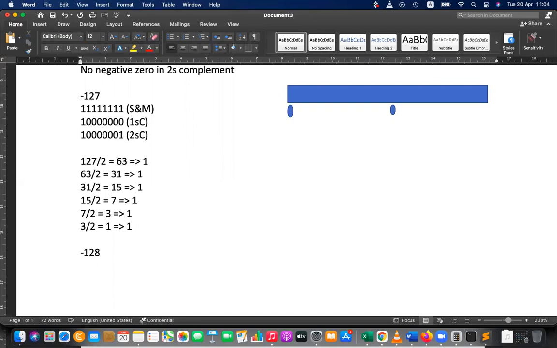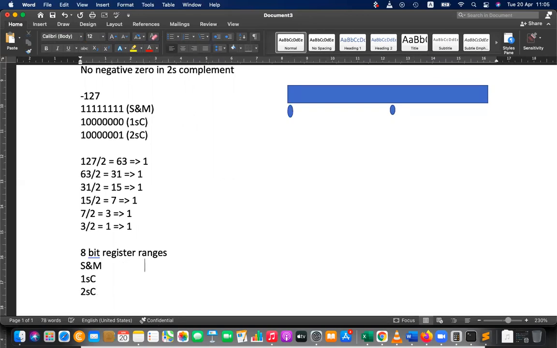You will have an additional value also, that is 128. Because in an 8-bit register, the ranges for sign and magnitude, 1's complement and 2's complement can be written like this.